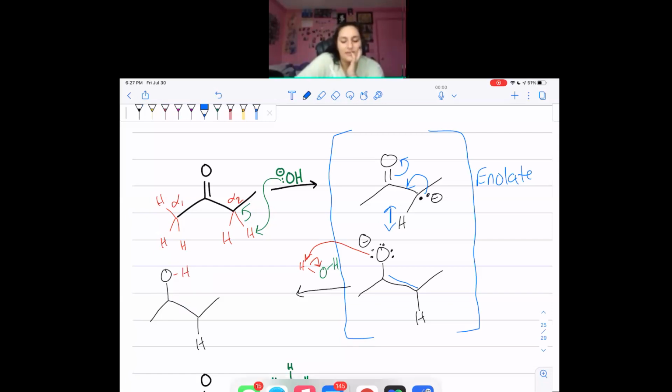And this thing is called an enol. So the ketone and the enol are a pair of tautomers, and the enolate is a pair of resonance structures. For more about that, please watch the SI session about tautomerization and everything.